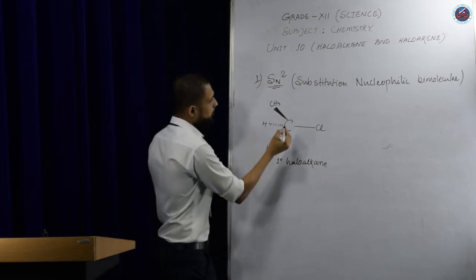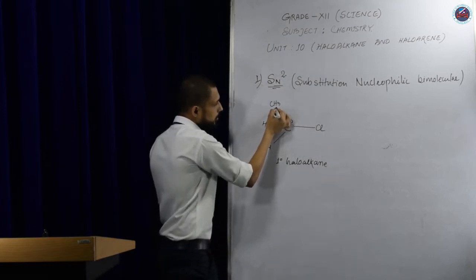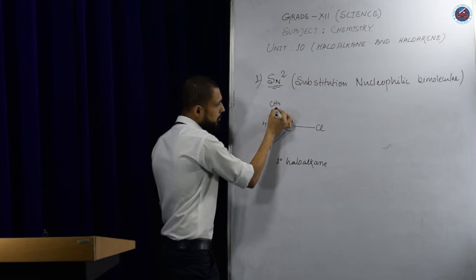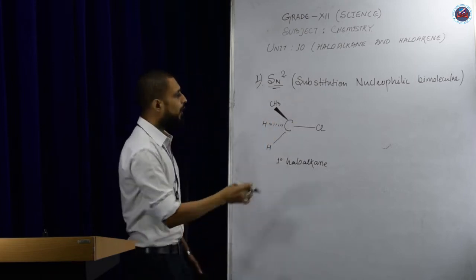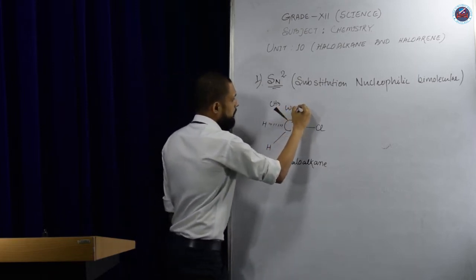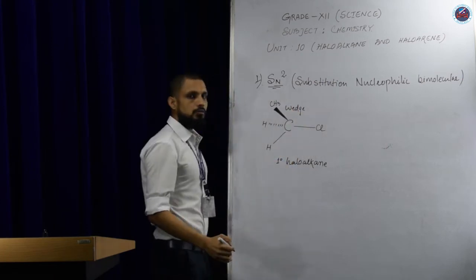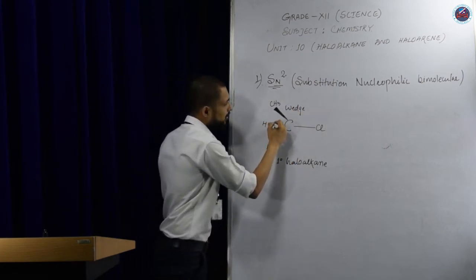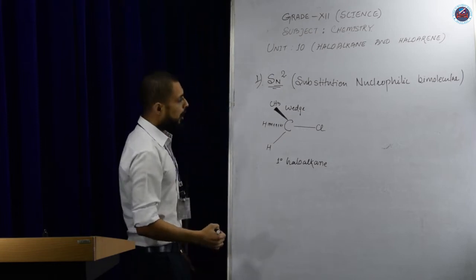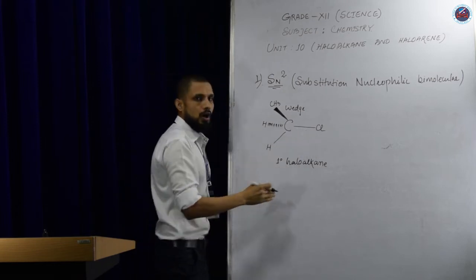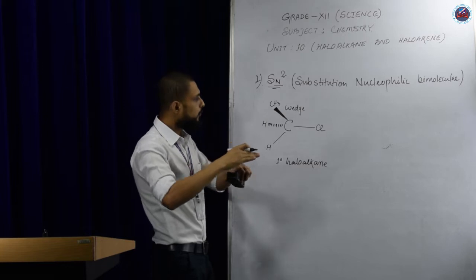Now here, this bond is wedged bond. This is dash. Now these two are on the plane.